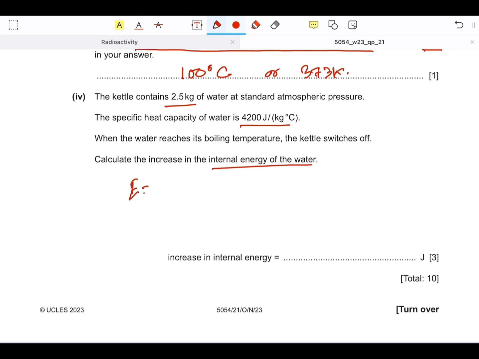So internal energy increase will be equal to E = mcΔθ.